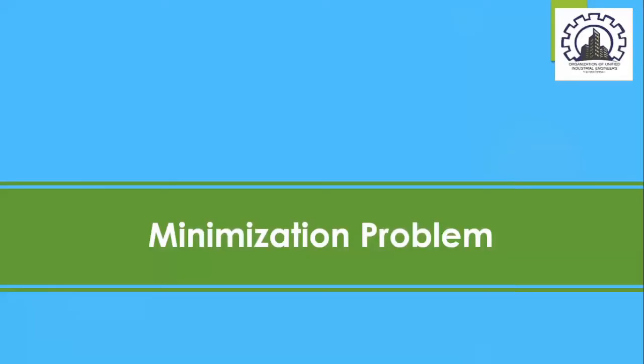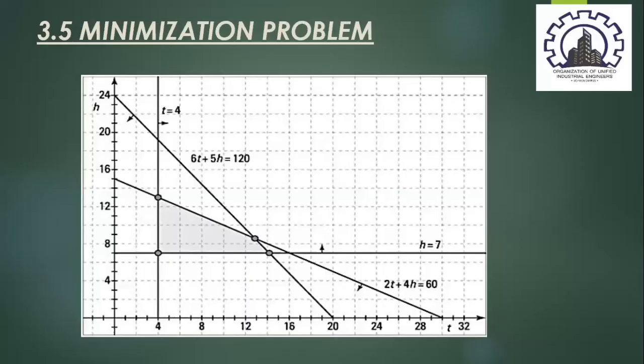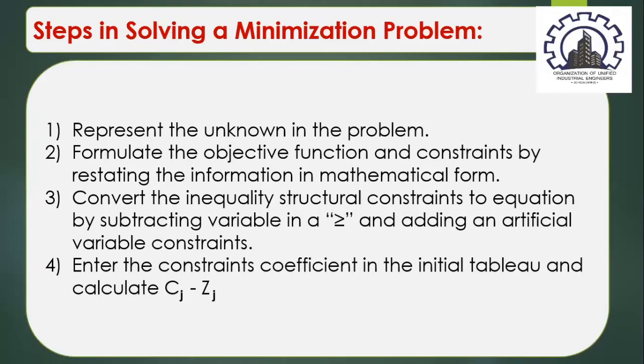The step-by-step procedure in solving a maximization problem is also uniform, or in sync, with the minimization problem. Now there are also a couple of steps that we need to follow in order to solve a minimization problem.